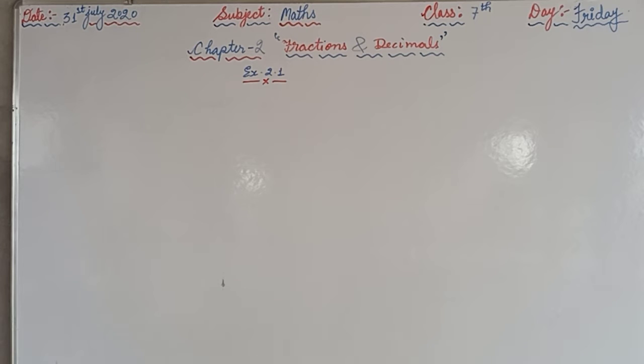I will again read for you. Ritu ate 3/5 part of an apple and the remaining apple was eaten by her brother Somu. How much part of the apple did Somu eat? Who had the larger share? By how much? First of all, the share of Ritu.